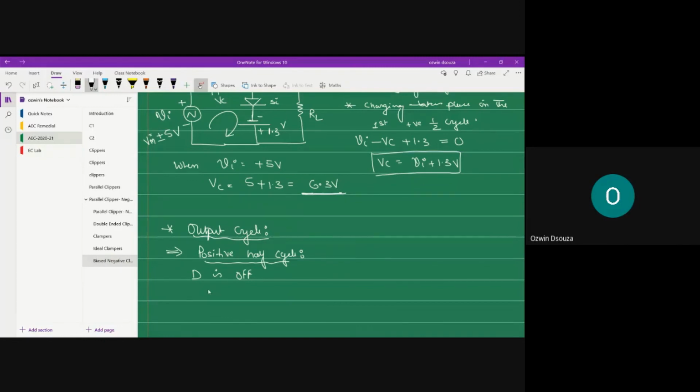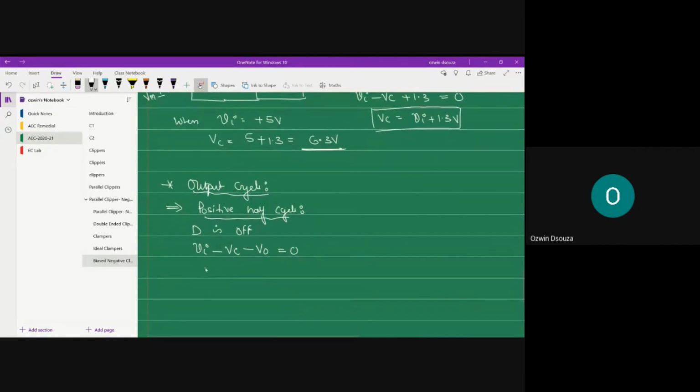Okay, so when diode D is off, you can apply KVL in clockwise direction, which will give you the KVL equation as Vi minus Vc minus V naught is equal to 0, or V naught is equal to Vi minus Vc. So this is your KVL equation for positive half cycle.